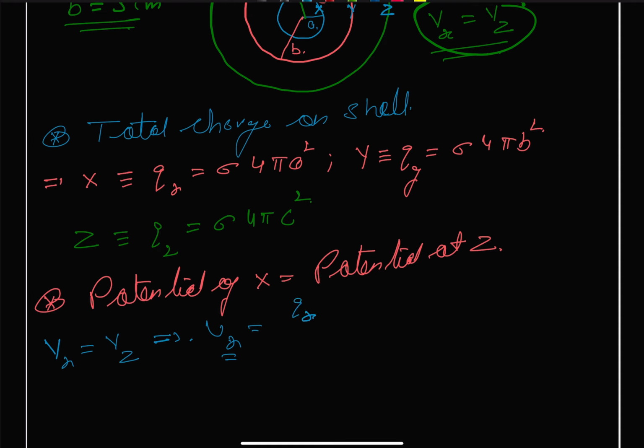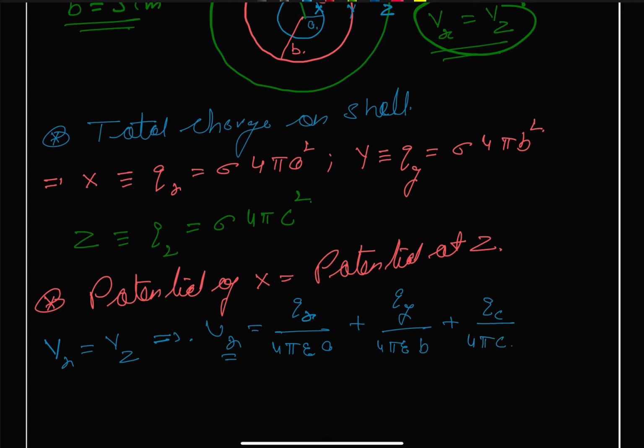So the potential of the innermost shell will be equal to the summation of Q of X divided by 4 pi epsilon naught a, plus Q of Y divided by 4 pi epsilon naught b, plus Q of Z divided by 4 pi epsilon naught c.